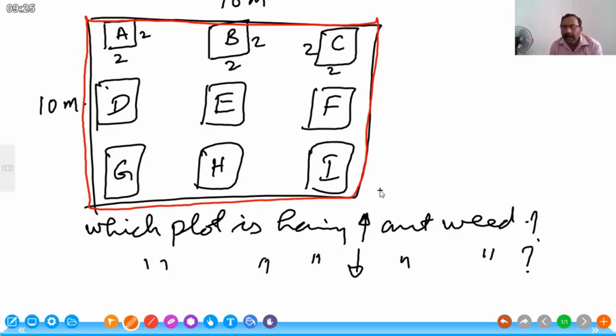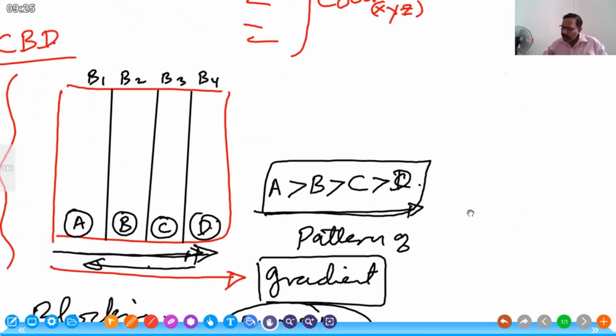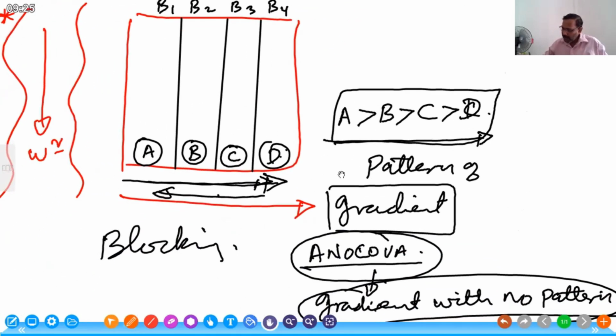Then we can argue that, okay. But among these, which one is having the highest weed? In the earlier case, I asked which one is having high moisture.